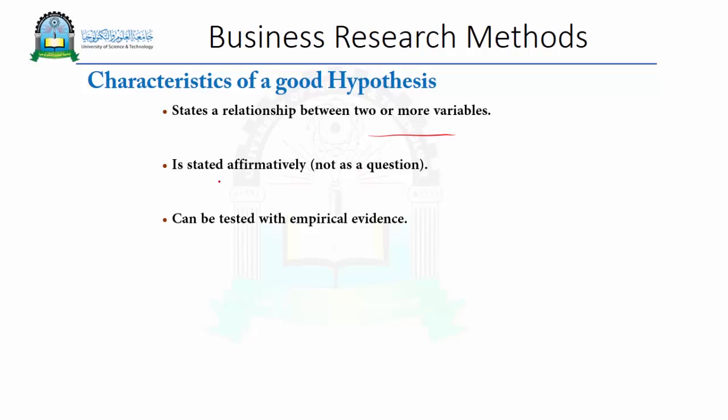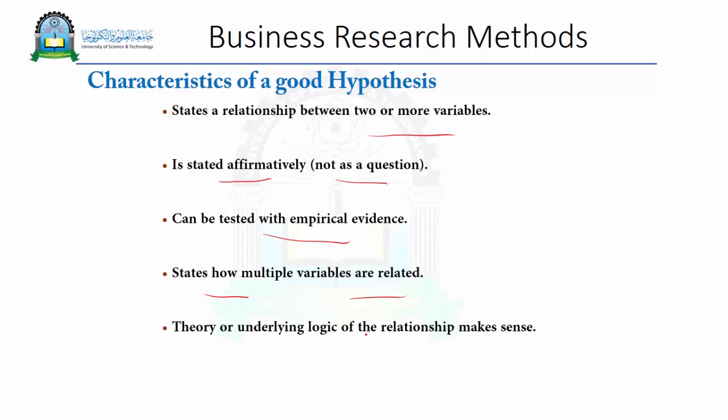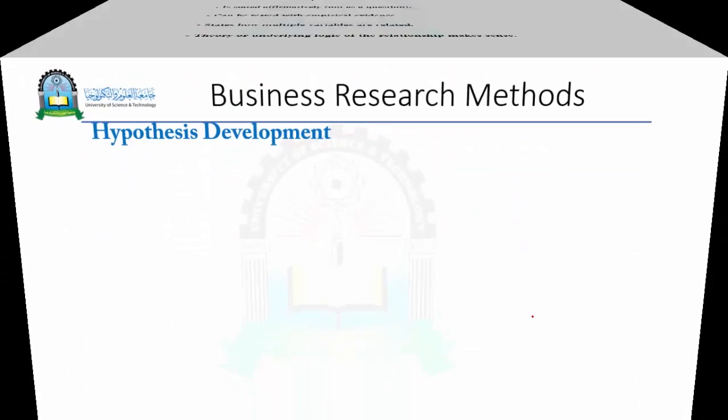It is stated affirmatively, not as a question, can be tested with empirical evidence, and also states how multiple variables are related. The theory or underlying logic of the relationship makes sense, so it is also dependent on the literature review.